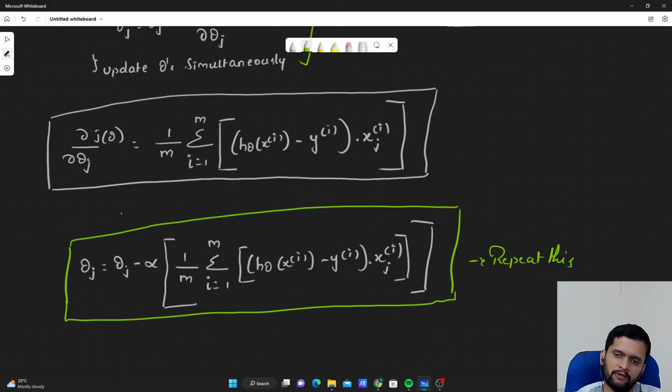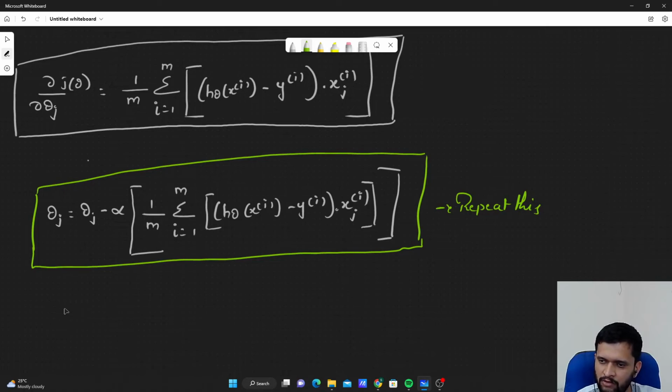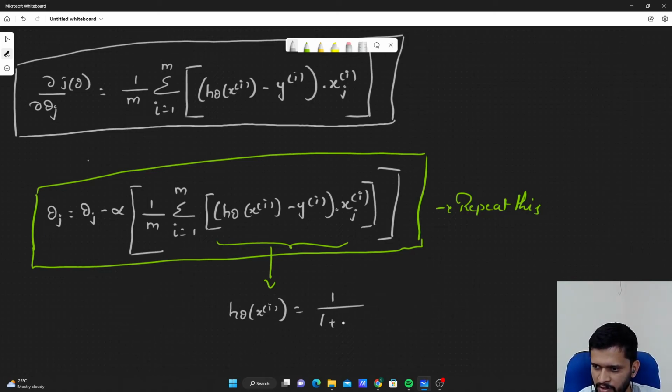Now if you relate it to the partial derivatives of linear regression, you will see there is a strong resemblance. Even the linear regression gradient descent algorithm, if you substitute the partial derivative, will look similar to what we have here. But the difference is in the hypothesis. For logistic regression, h theta of xi is 1 by 1 plus e to the power minus theta transpose xi.